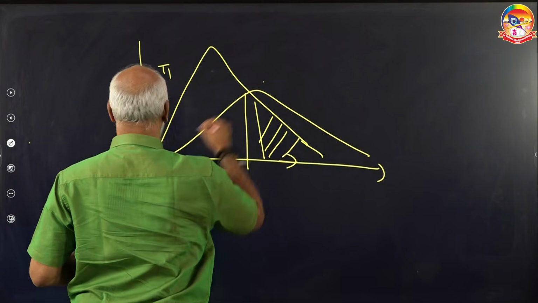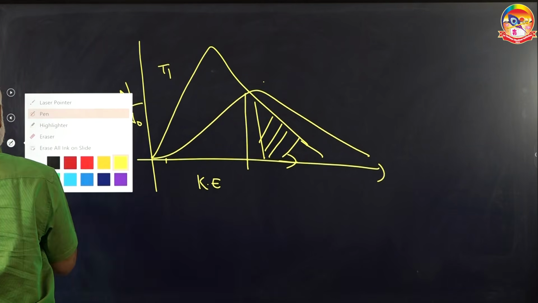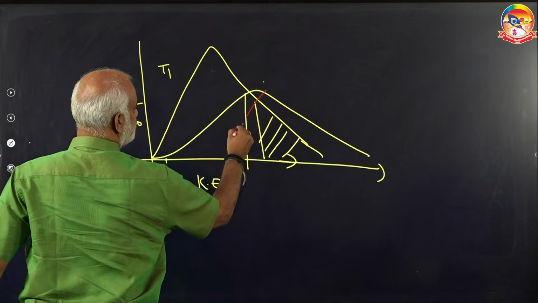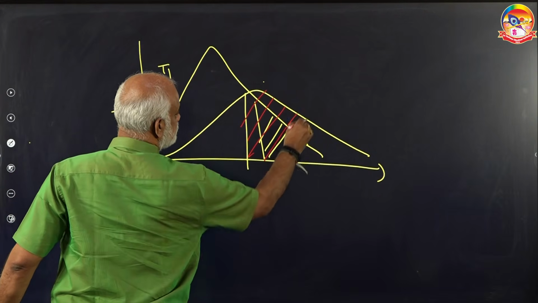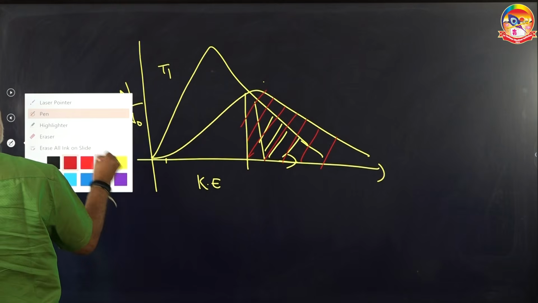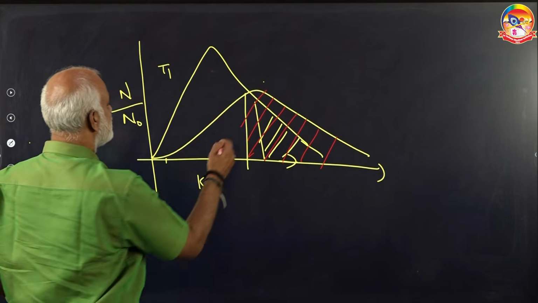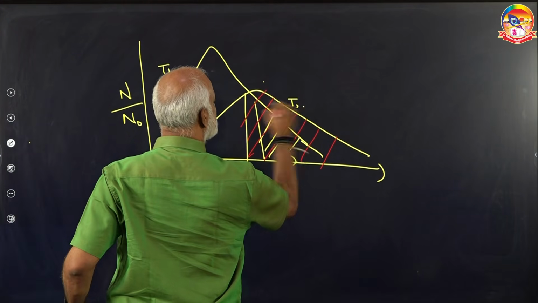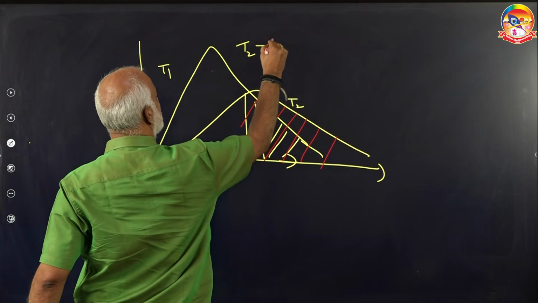Here, I will take a different pen to understand this. Now you see the flatter curve is T2, T2 greater than T1.